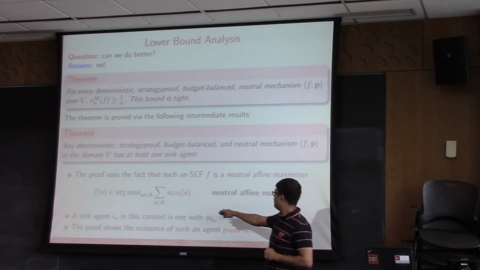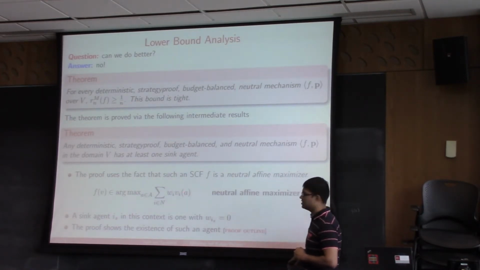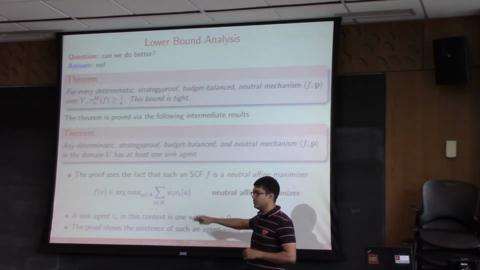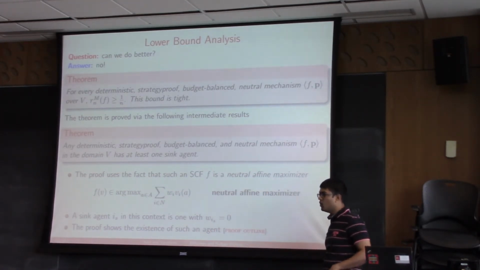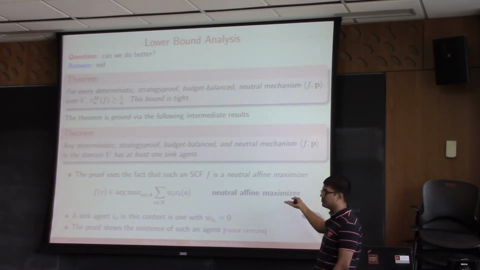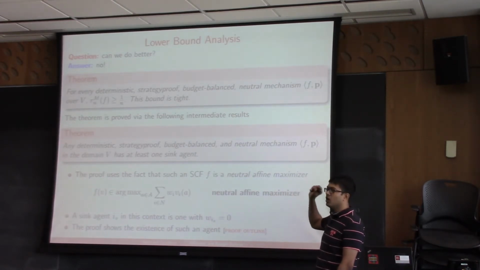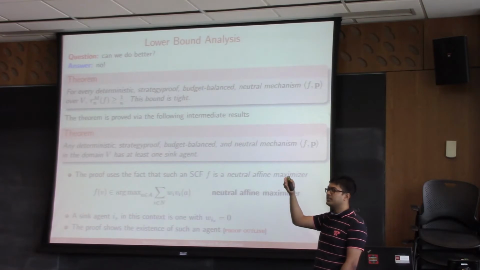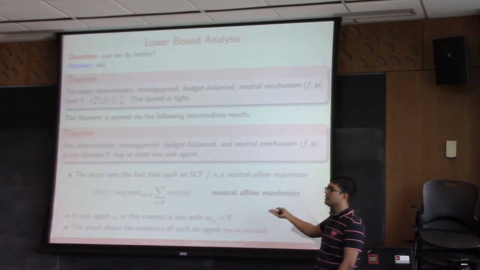Okay, so just to give a feeling of how these affine maximizers look, if all the weights are equal, maybe without loss of generality 1, then I am taking the efficient decision, right? So the efficient social choice function is a special case of the neutral affine maximizer. On the other hand, if you had only one weight positive and everything else 0, then that agent whose weight is positive is essentially the dictator. I am just taking the decision which maximizes his valuation.